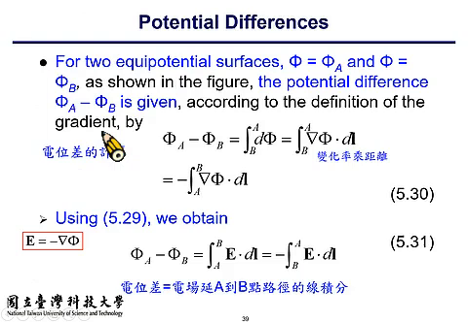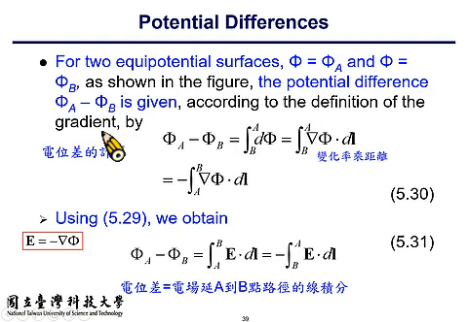Alright, so for two equal potential surfaces, say phi A and phi B, the potential difference, that is phi A minus phi B, can be found by taking the line integral from B to A in terms of the summation of differences in phi. Okay, so what I'm just trying to express is this term.